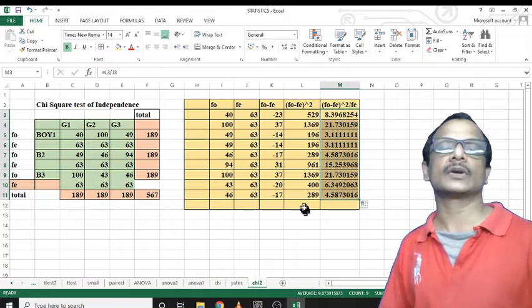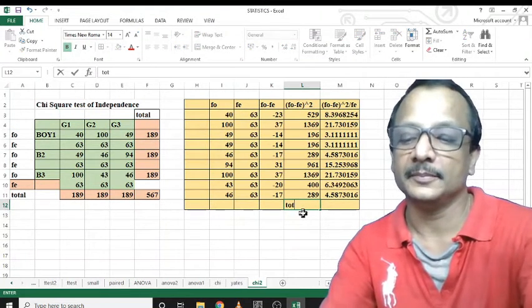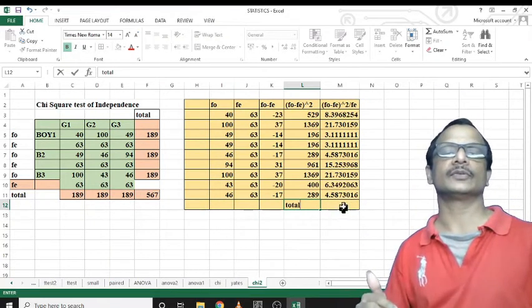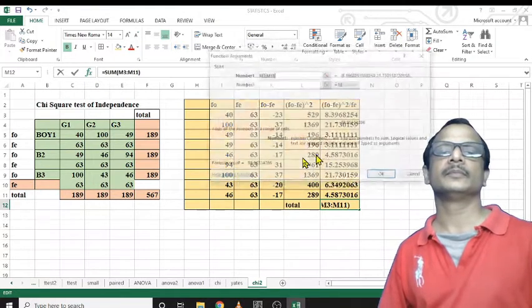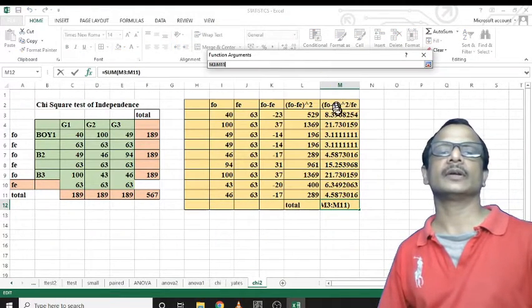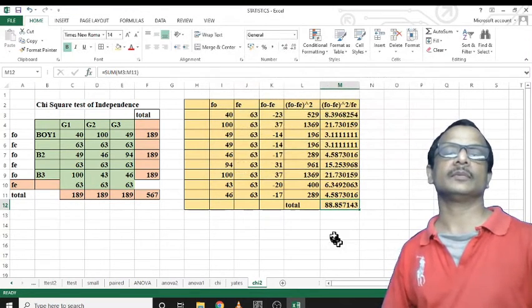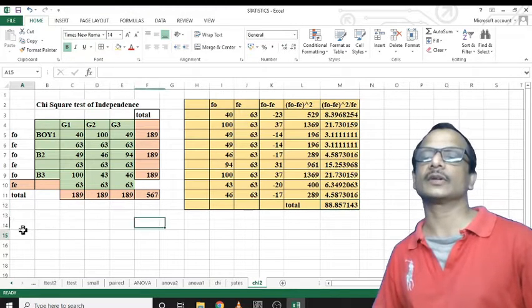And we need to calculate the total, that is sigma, the total of all these values. So here I can insert the function sum, and the sum value can be taken from here to here, and now the sum is 88.85. This is the chi-square value.